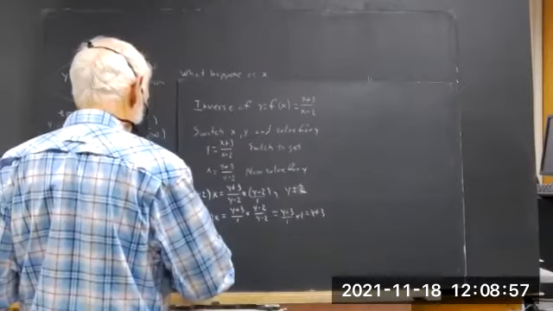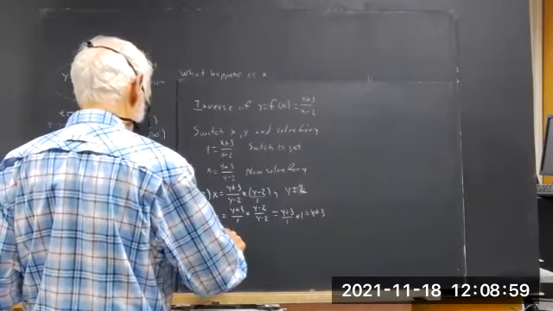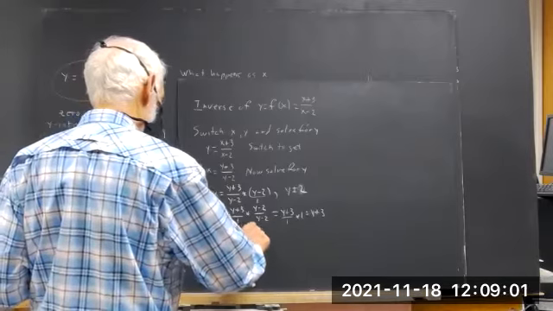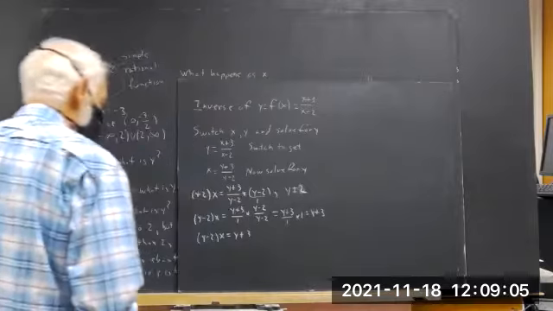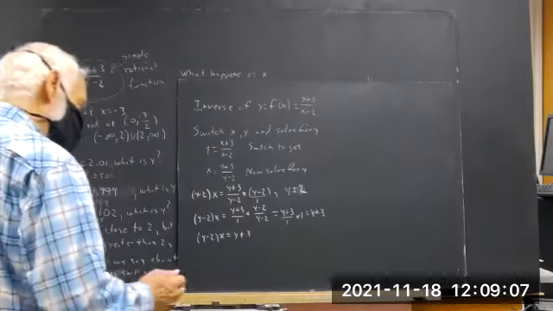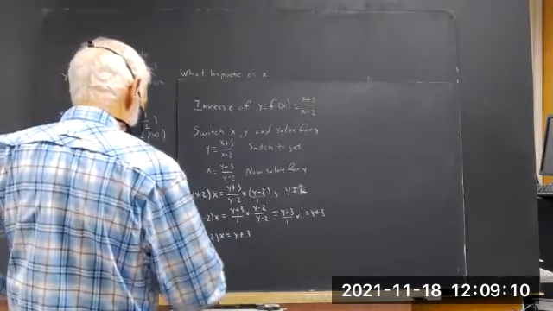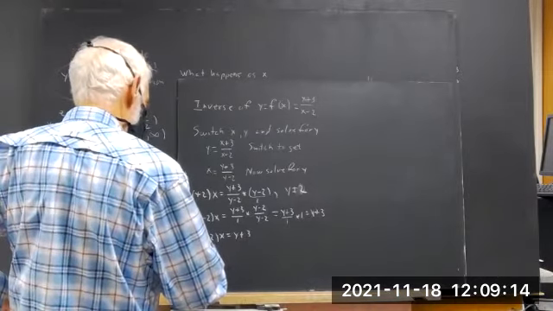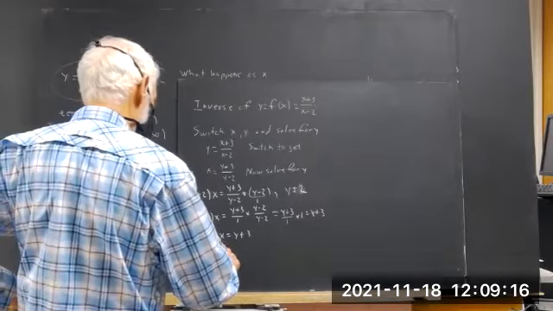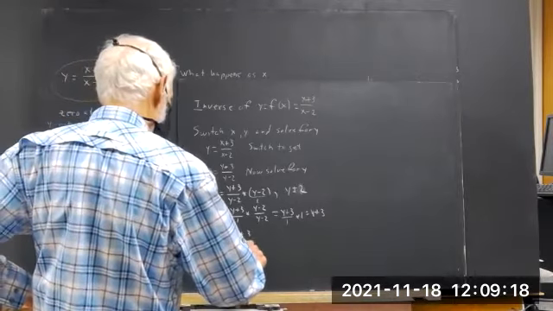You see that this equals 1. So we can say that y minus 2 times x equals y plus 3. Then we multiply through, we get xy minus 2x equals y plus 3.